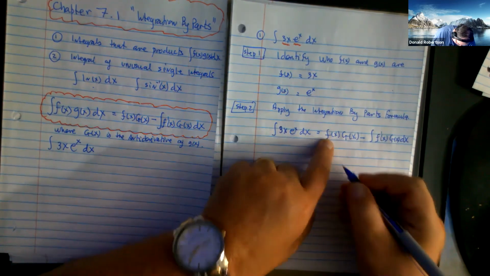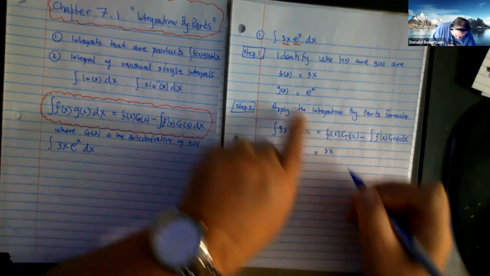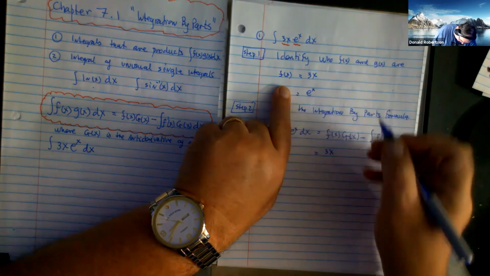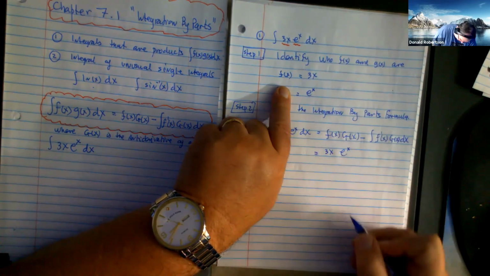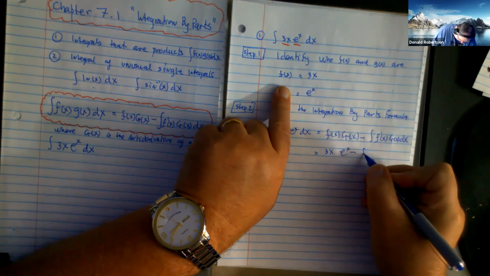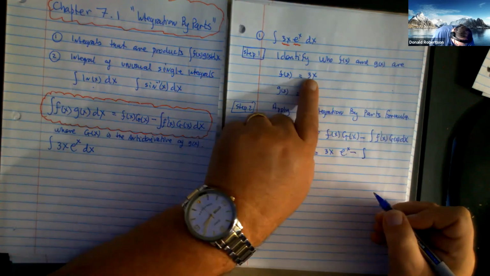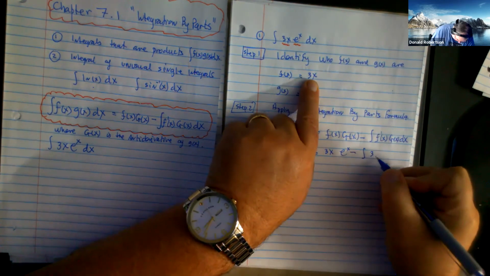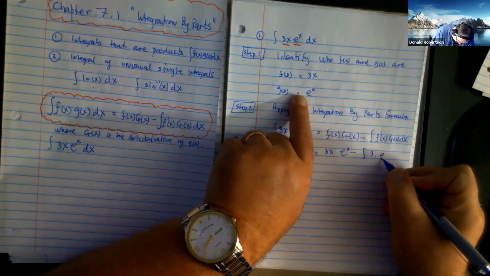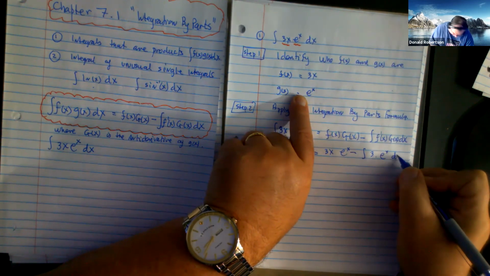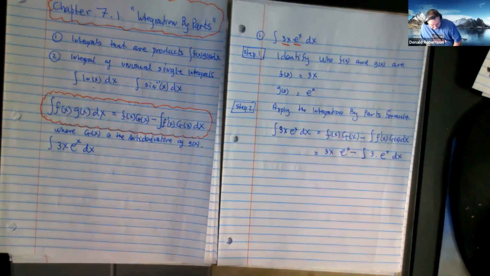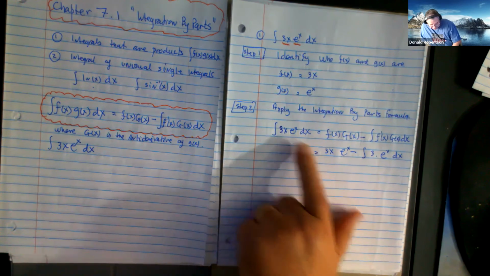F of x is 3x. The integral of e to the x is e to the x. Take away the integral; the derivative of this guy is 3. Integral of e to the x, dx. Do you see that this integral has now become this one?